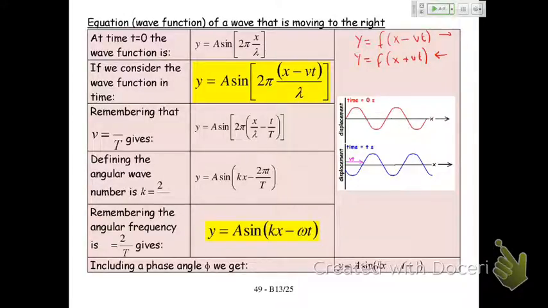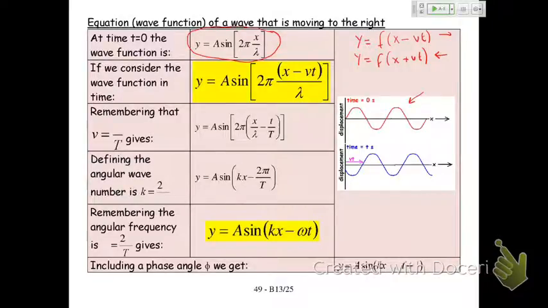So the first thing I need to do is get the wave shape. This is the wave shape. This is giving me my value of y as I change the values of x. There's no t in here. It's the wave shape. That's giving me this graph.